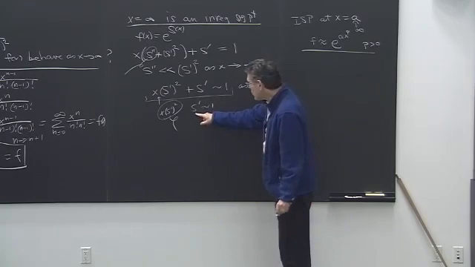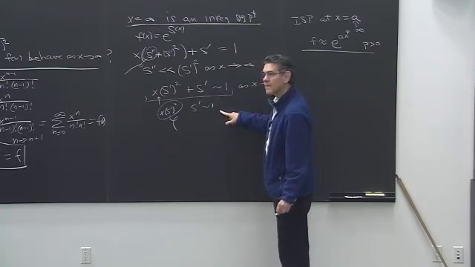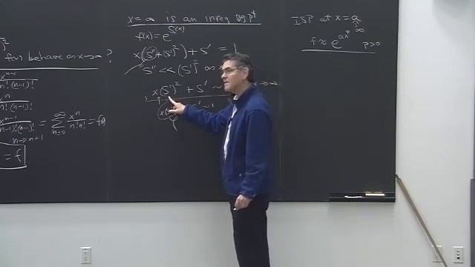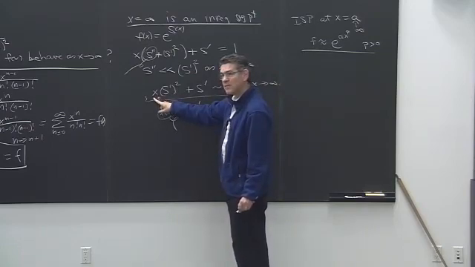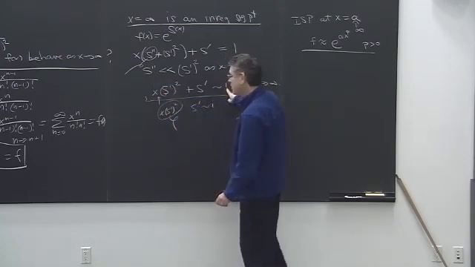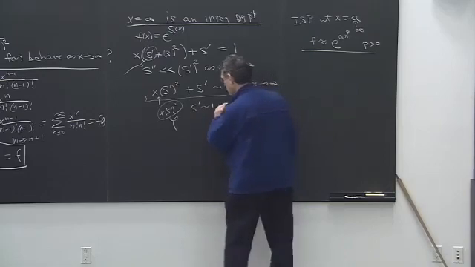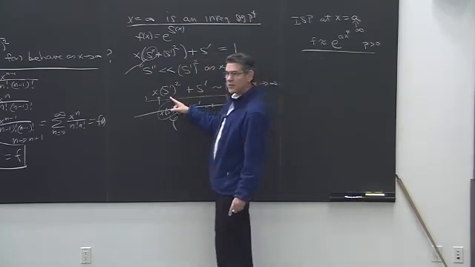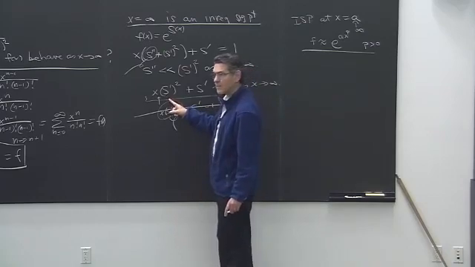So that says s prime is of order 1. But if s prime is of order 1, and it's multiplied by x, then as x goes to infinity, this is blowing up, and this is only of order 1. Wrong. That can't be right. So this cannot be the small term. This must be a big term.